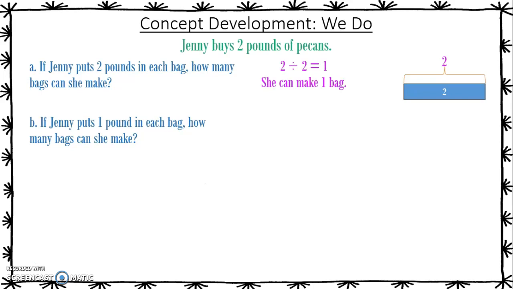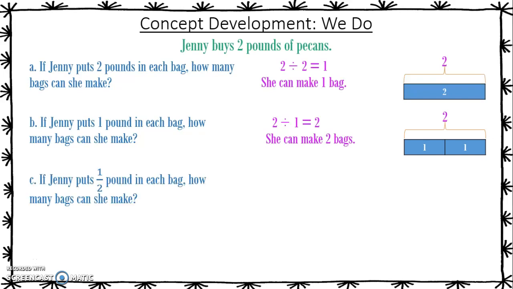So if I have 2 pounds and I put 1 pound in each bag, again, that's a very simple division problem. I can just do 2 divided by 1, which would give me my 2 bags. If Jenny puts half a pound in each bag, how many bags can she make? Now this is where it starts to get a little bit more tricky. It's not as simple as just 2 divided by 2 and 2 divided by 1.